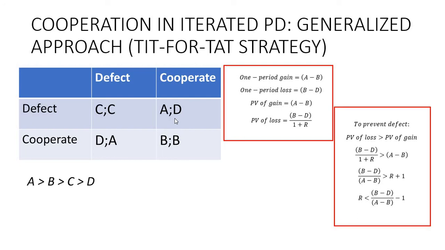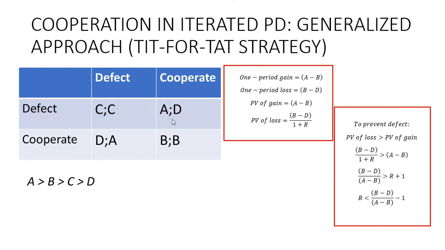Then player 1 will get A instead of B, and the one-period gain will be calculated as A minus B. However, in order to get back to the cooperative outcome, the first player will have to sacrifice payoff in period 1. I mean, in the next period after period 0.